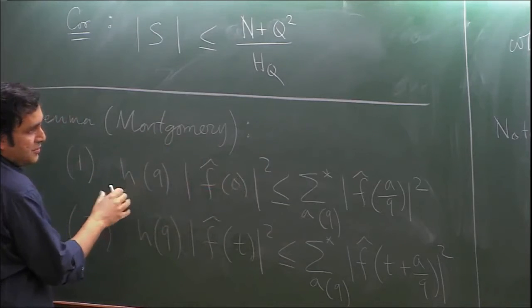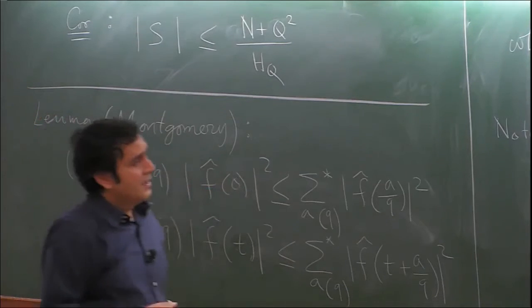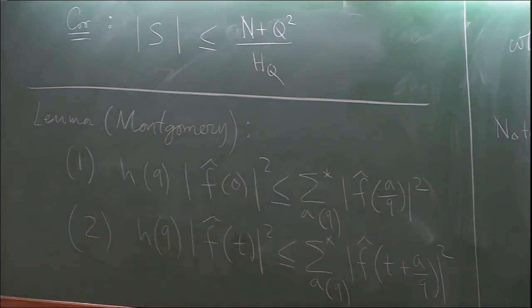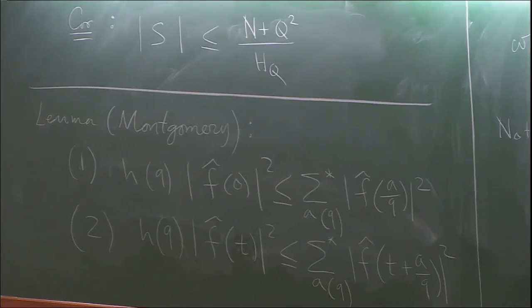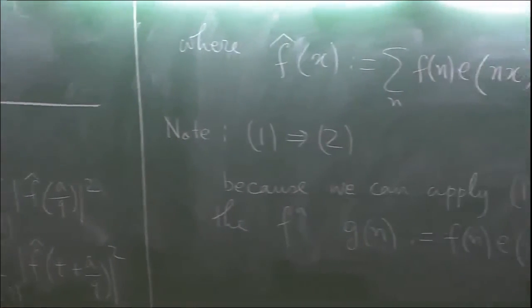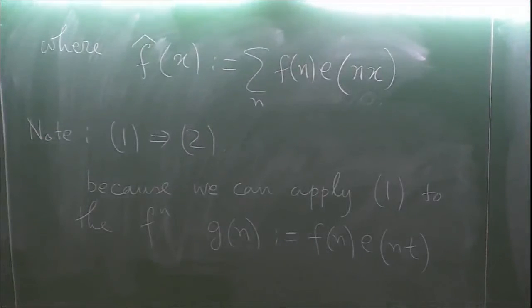So the sum over HQ will give capital HQ. Just a second, I may have made a mistake somewhere. No, it's fine.